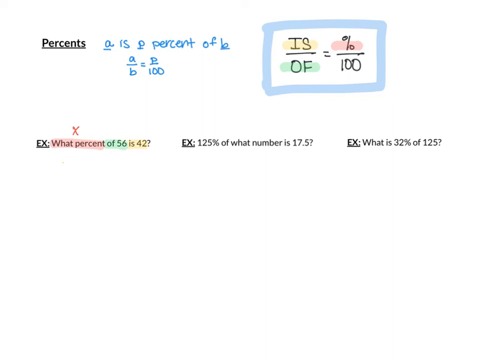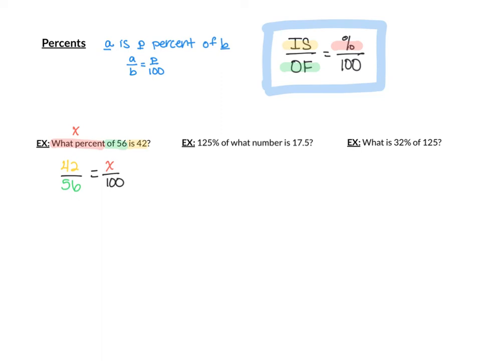I have 42 over 56 equals the percent I don't know, x, over 100. Here is my is, 42, my of, 56, and what percent, x over 100. Now it becomes a proportion problem.